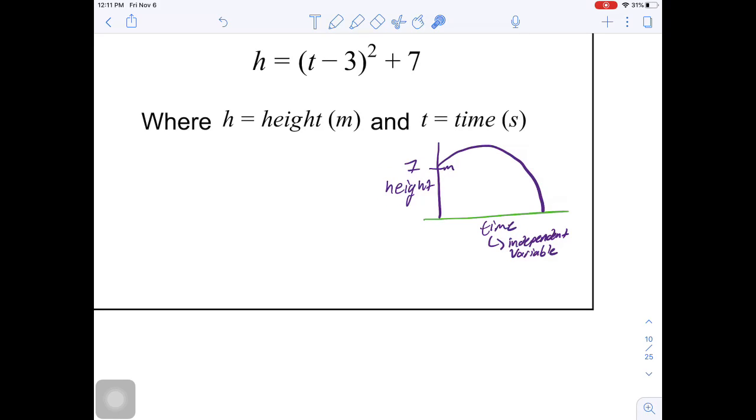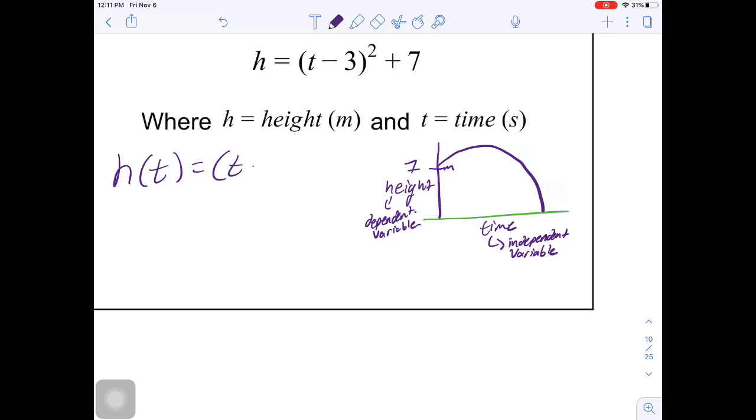Height depends on time. So this means it is the dependent variable. So now I can represent this using function notation because height depends on time, aka height is a function of time. So instead of just writing h, I'm going to write h of t.